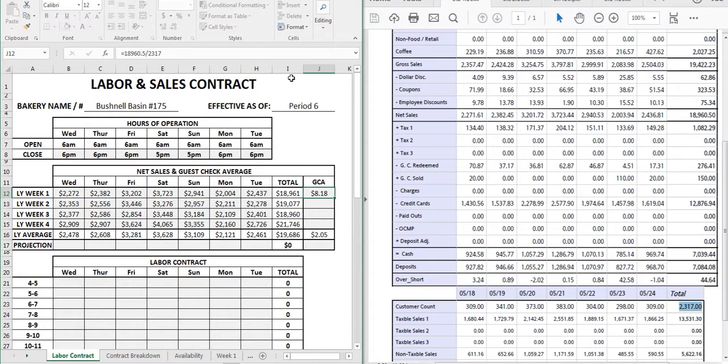Another simple way to do it is, you have these grids on Excel where, in this case, if I was looking at this number, it would be I-12, right?